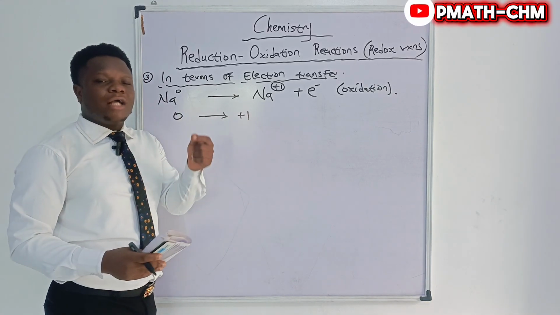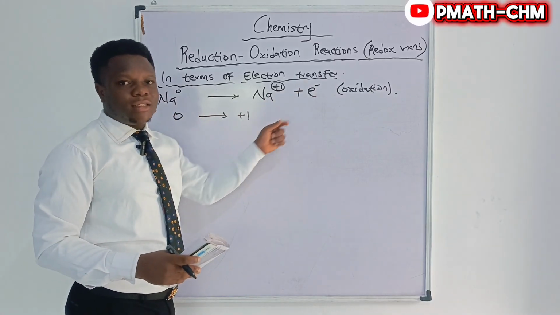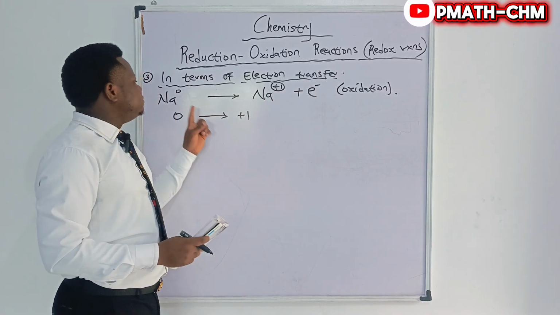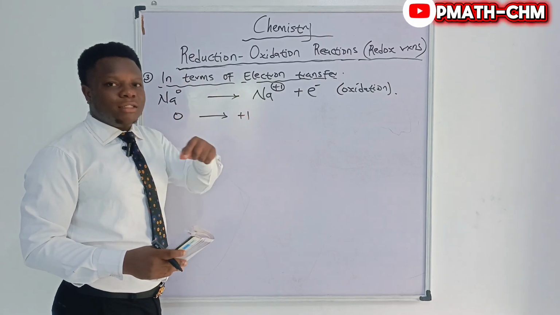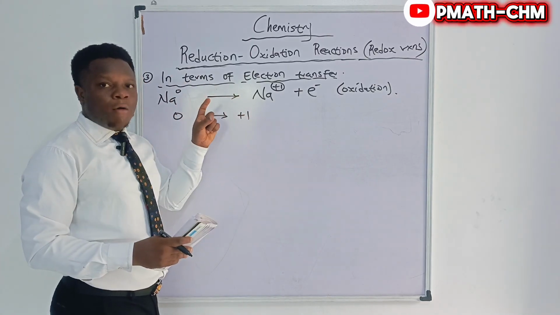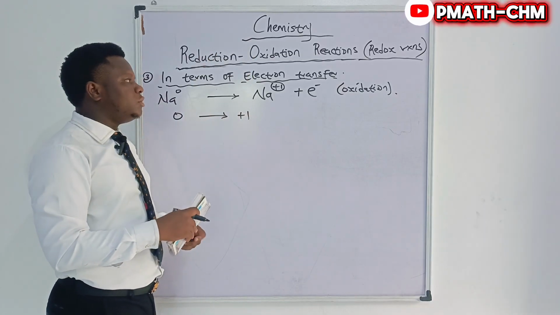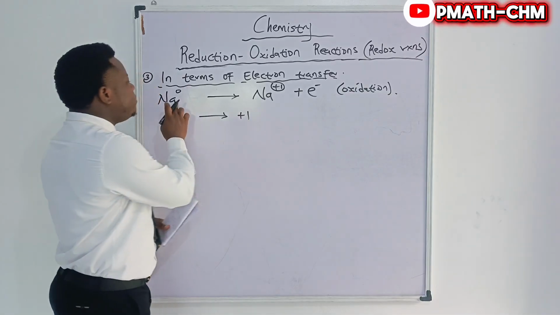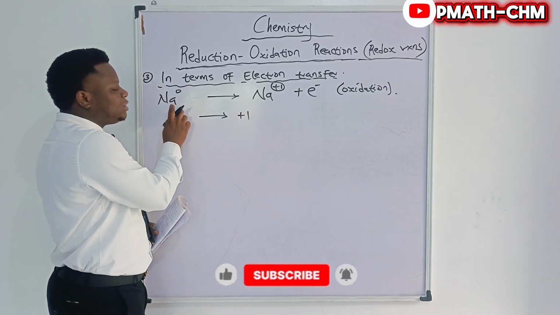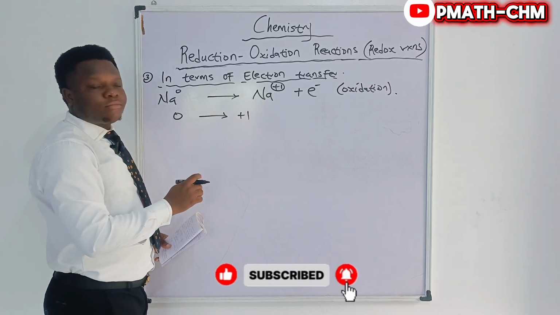So how do I recognize the substance that is being oxidized? Any substance that contains an element whose oxidation number increases is said to have been oxidized. So in this case, sodium is oxidized, because the oxidation number increased from 0 to +1.